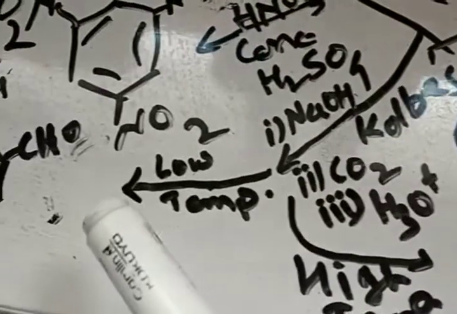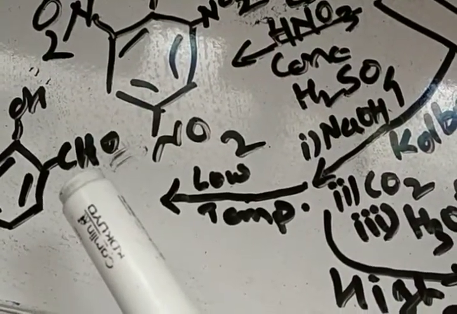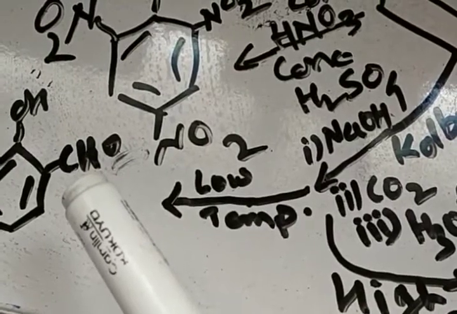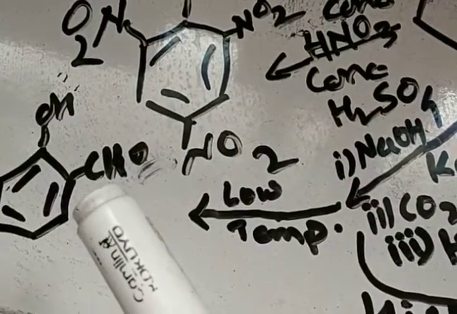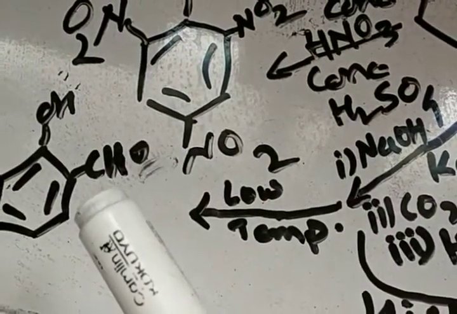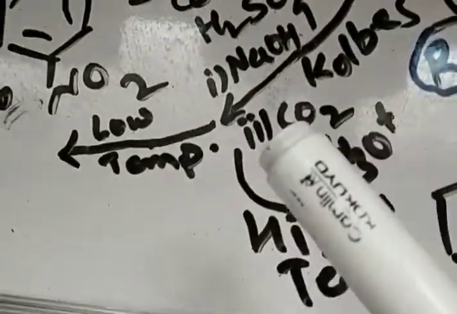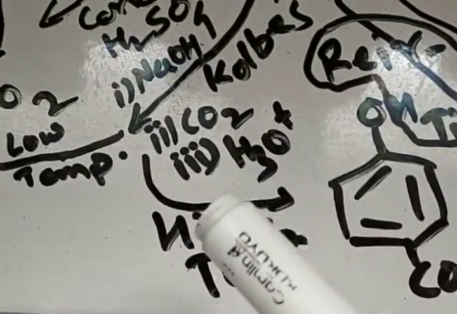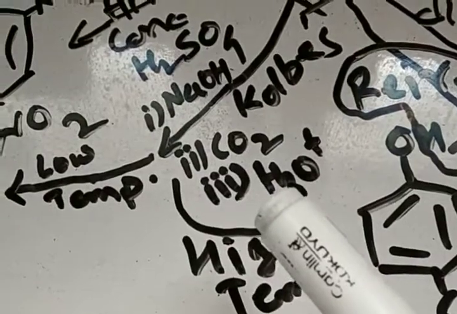At low temperature the attack is at the ortho position. The formed compound is salicylaldehyde or orthohydroxybenzaldehyde. If the same reaction is carried out at high temperature, then substitution occurs at the para position.